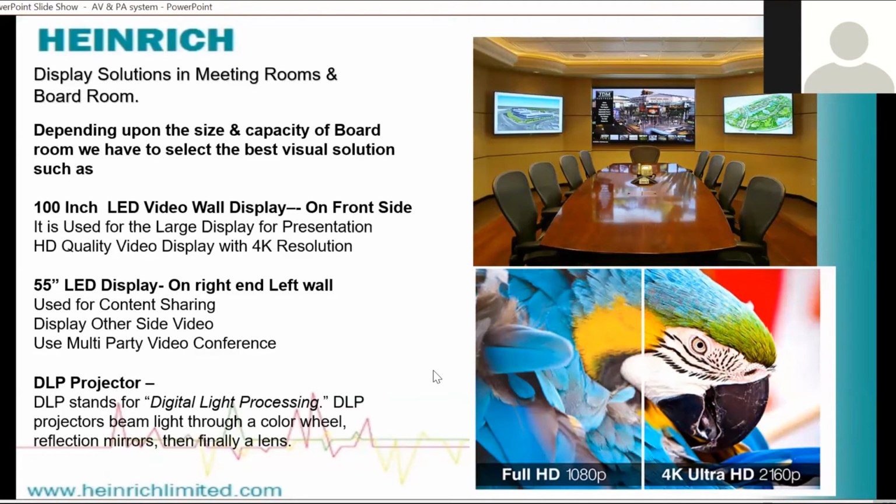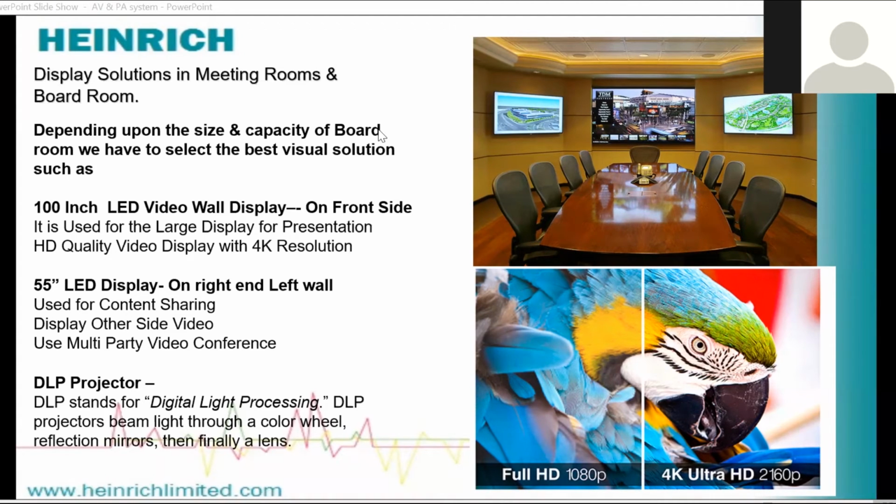So the display part also plays a very important role. You have to consider it as per your conference room size. If the size is 10 to 12 meters, a 65-inch or 85-inch single LED will be enough. If it is more than 20 meters and the seating is more than 50 or 60 people, then you have to consider multiple displays so that everyone can see your visual presentation clearly.